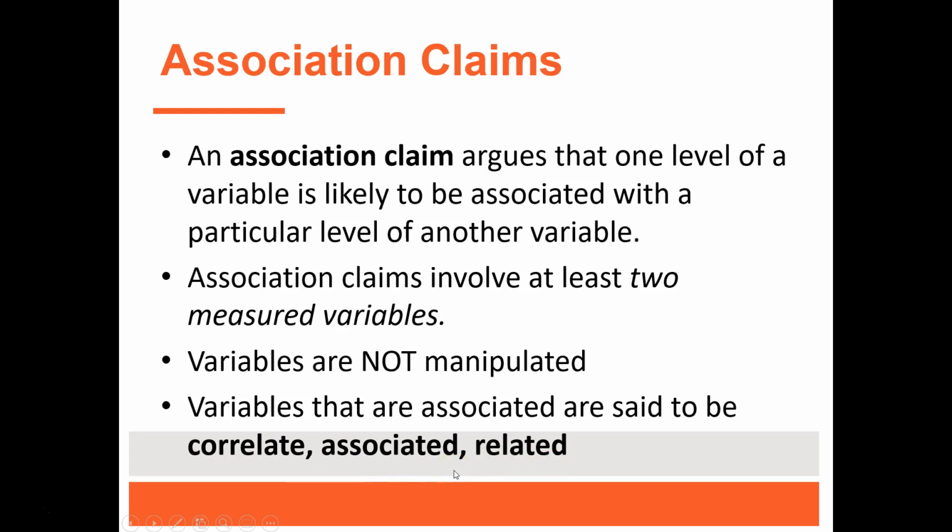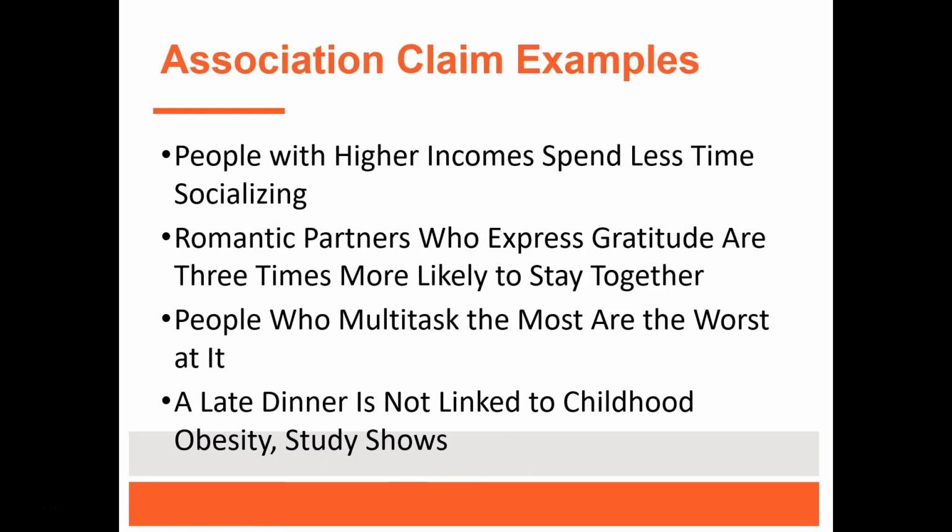Those are the types of words you're looking for in an association claim. They're not always there. Sometimes they're harder to figure out just from a headline, but people with higher incomes spend less time socializing. And so we're just associating, we measure what someone's income is. So we'd ask, what's your income? And then how much time do you spend socializing? And then we're finding that the people with the higher incomes spend less time socializing.